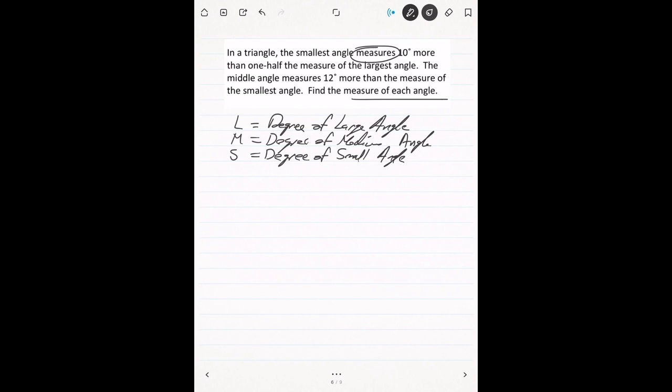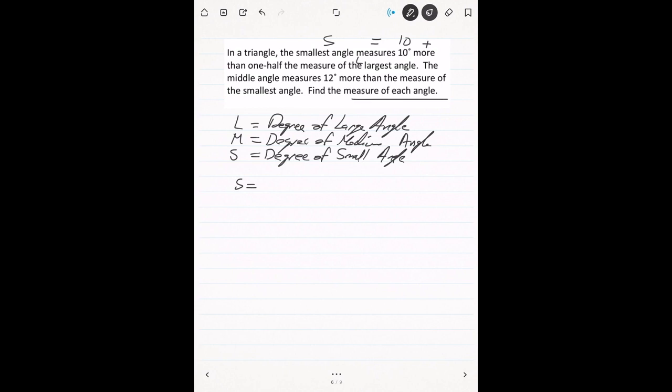So that right there is our equal sign. So what's to the left of the equal sign? The smallest angle, S. So we have S is equal to, and then everything else is on the right side.